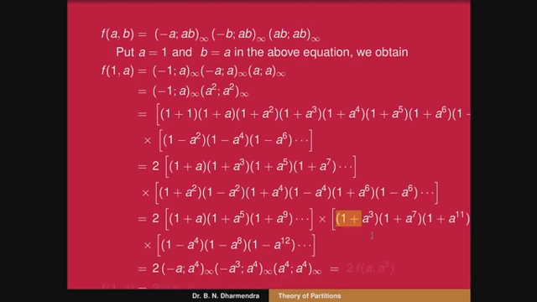And the second product, you can observe, minus a cube is the first term, and the base is a to the power of 4. And the last one, the first term is minus a to the power of 4, and the base is also a to the power of 4, infinity.